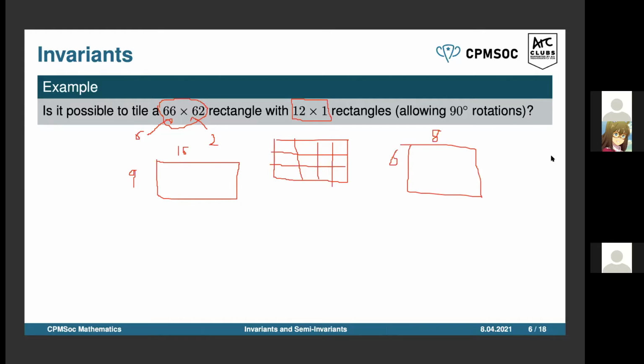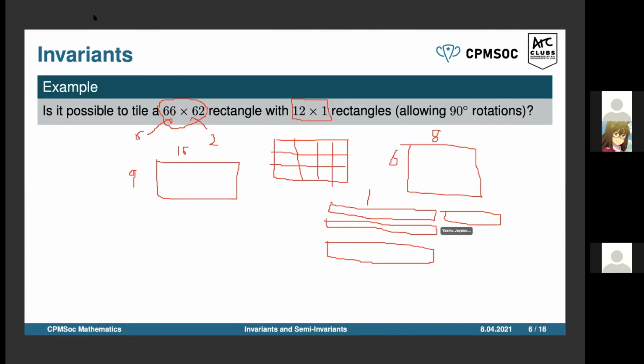Okay, but what can you tile with 12 by 1 rectangles? So one obvious example is if you just lay all the tiles horizontally. So you can make every single tile horizontal.